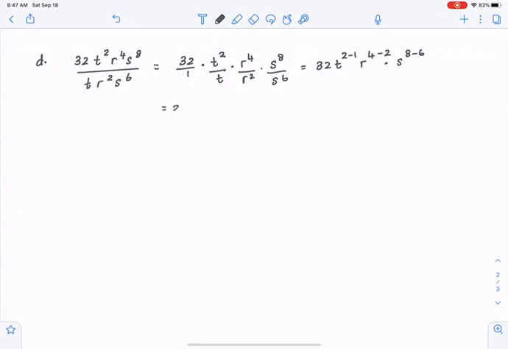So we would end up having 32t, r raised 4 minus 2 is 2, s raised 8 minus 6 is 2. So we would end up getting 32t times r squared times s squared.